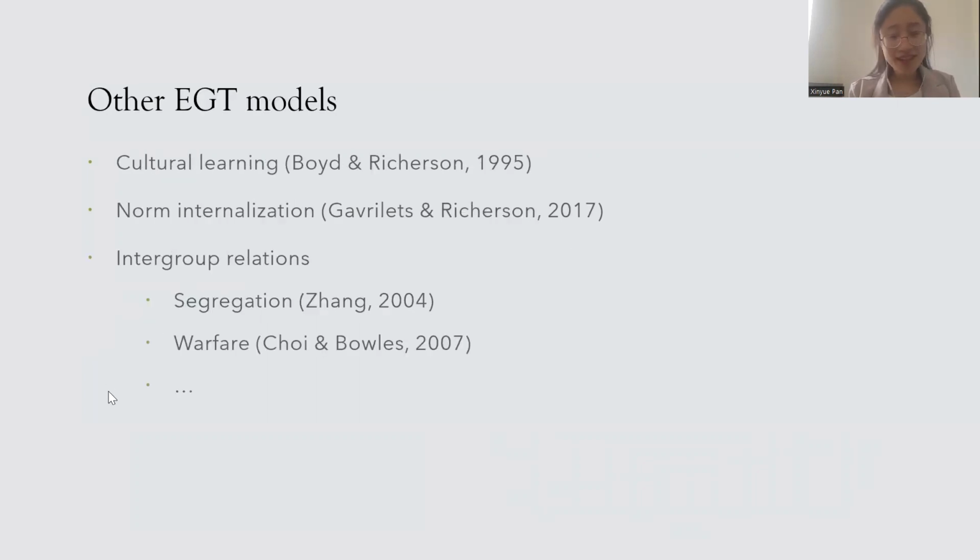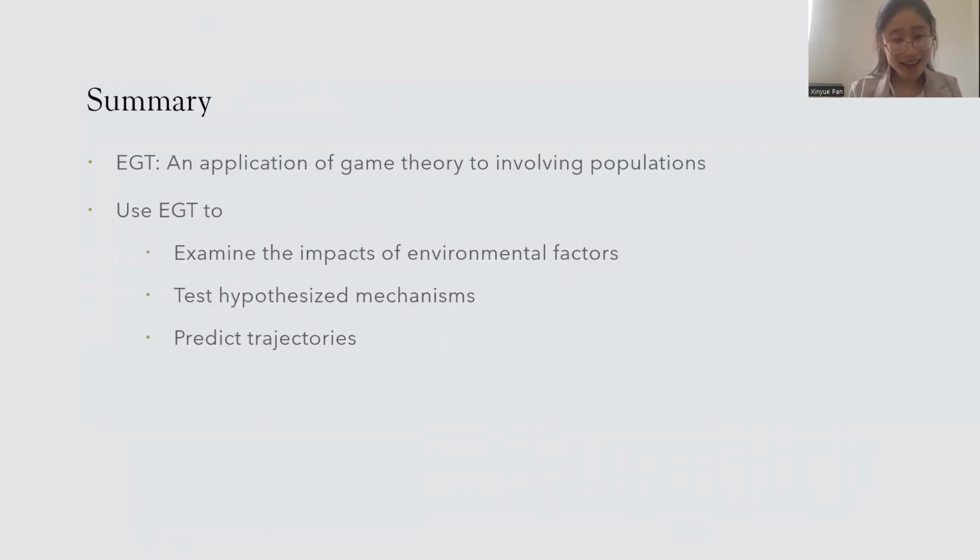And there are, of course, other applications of EGT models. For example, they have been widely used to study cultural learning, norm internalization, and more complex intergroup relations. So just a quick summary, EGT models are an application of game theory to evolving populations, and it can have many applications to study cross-cultural phenomena.